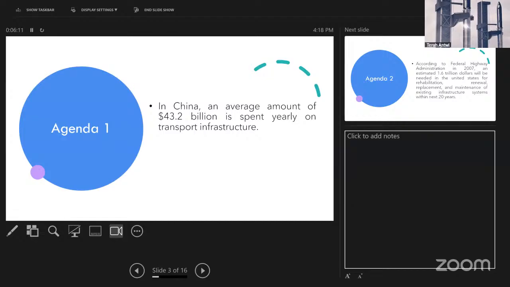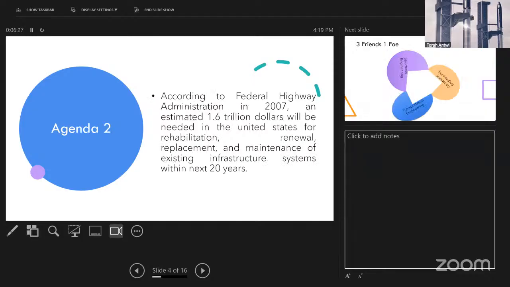In China, they average about $43.2 billion trying to maintain or even replace infrastructure, somewhere in 2021. And in the United States, they are projecting, for the next 20 years from 2007, to pay around $1.6 trillion trying to rehabilitate, renew, replace, and maintain their infrastructure systems.